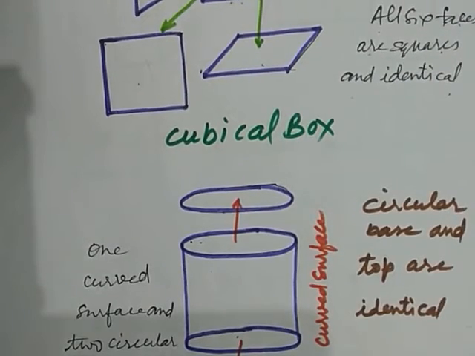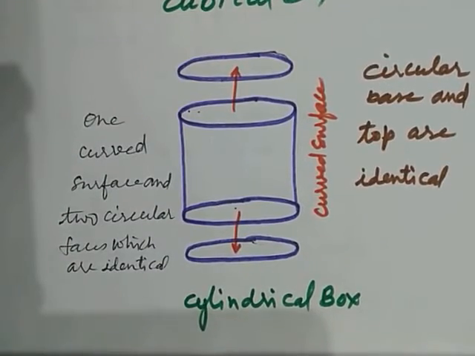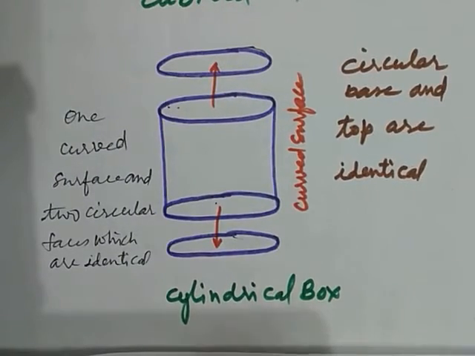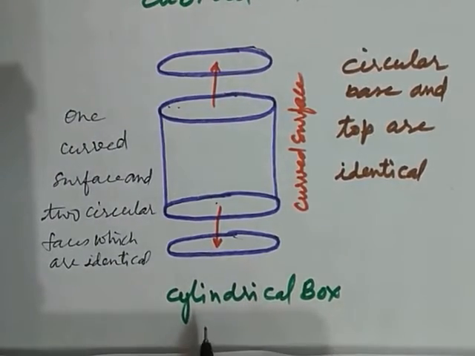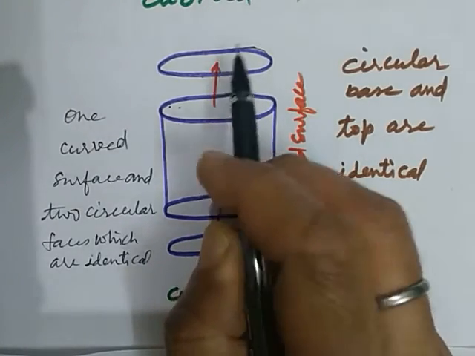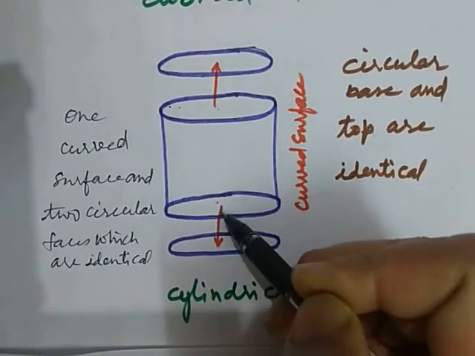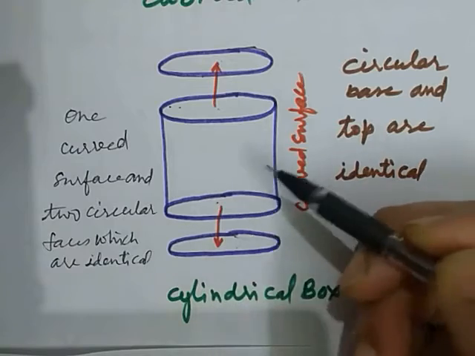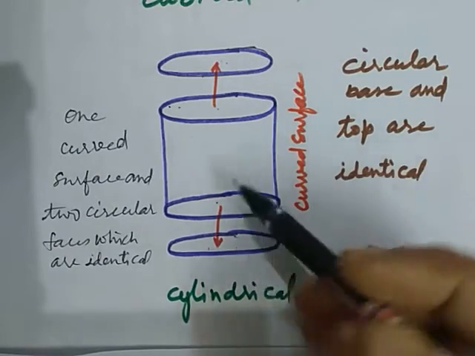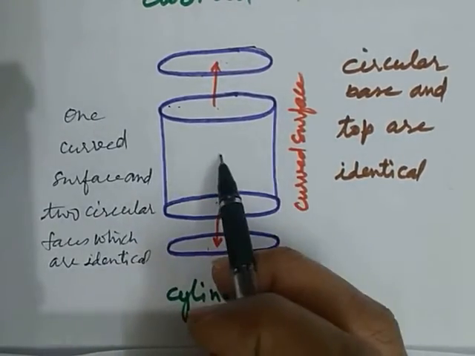Now here is another solid shape, which is a cylindrical box. So we learn this cylindrical box formation. This is the top and this is the bottom. The top and bottom of the cylindrical box are circular, and this is the curved surface.